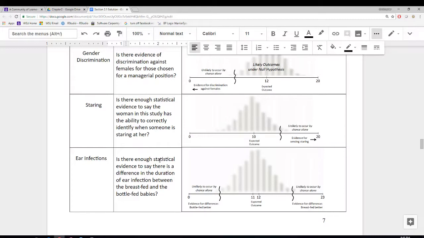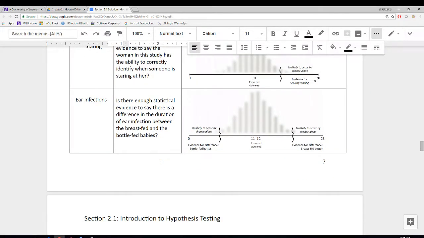In the ear infection example, we actually had interest in both ends of the distribution. Recall in the ear infection example, we were tracking the number of times breastfed wins in that head-to-head comparison. If we were on the high end of that distribution, that meant that we had evidence for breastfeeding doing better.